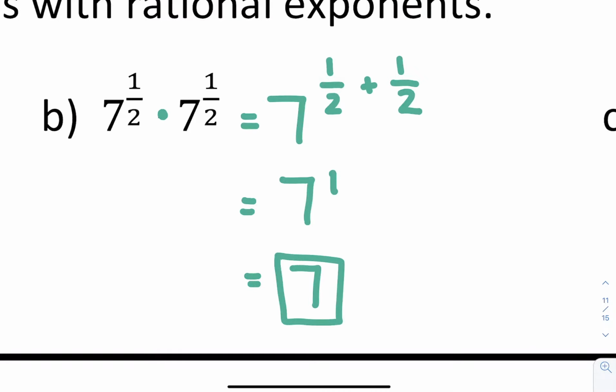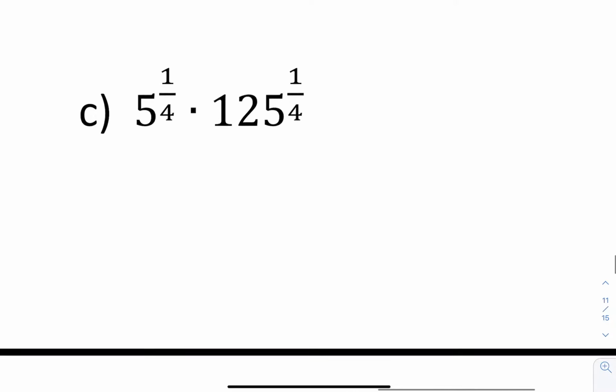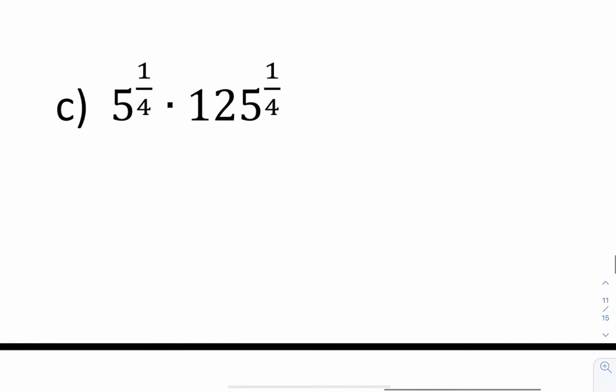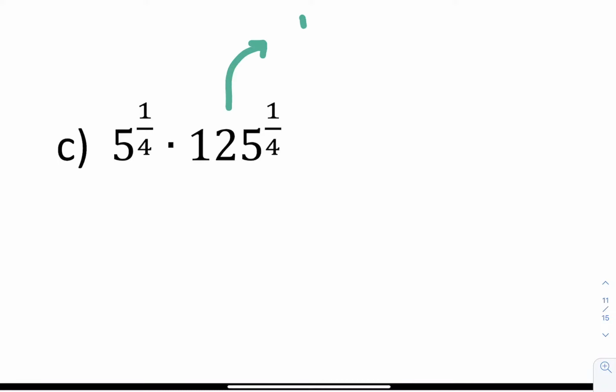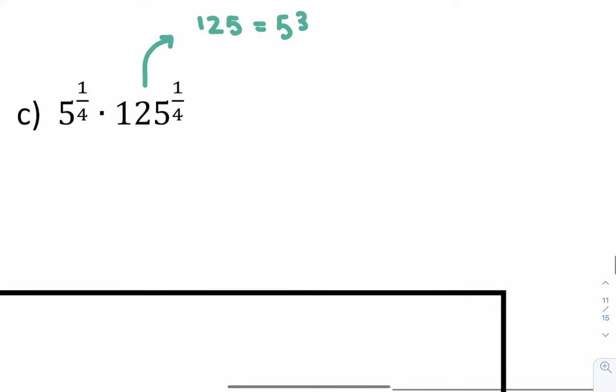Now this next one, I can do a little bit of a trick. So I notice I have 5 to the 1/4 times 125 to the 1/4. Right now I don't have the same base, so I can't just add the exponents. But I do know that 125 is the same thing as 5 cubed. So let's see if we can rewrite this somehow to help us.